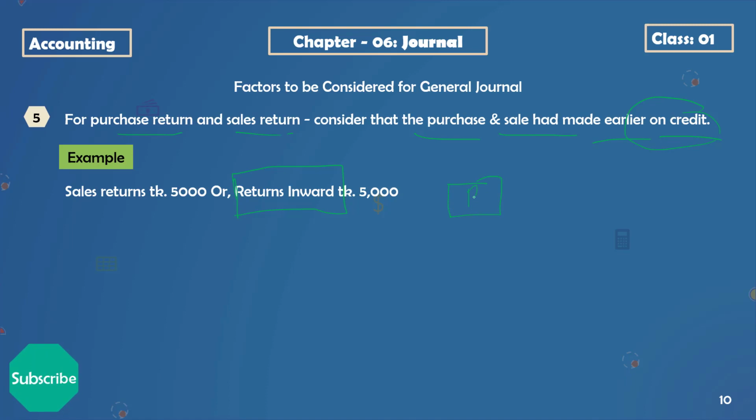Consider this is your business and here is your customer. So you sold goods, and for some reasons your customer didn't like those goods and returned them to your business.